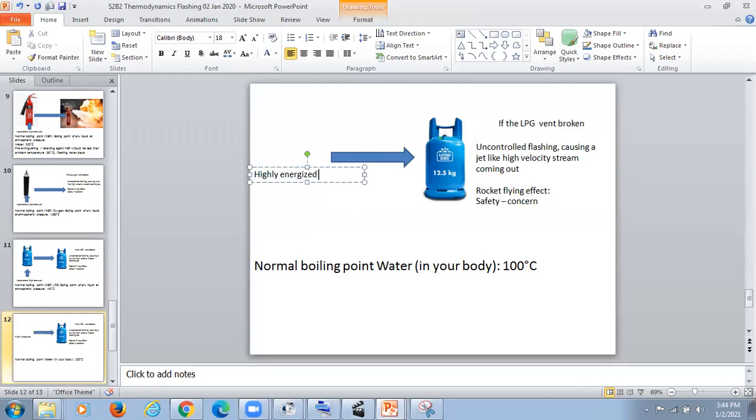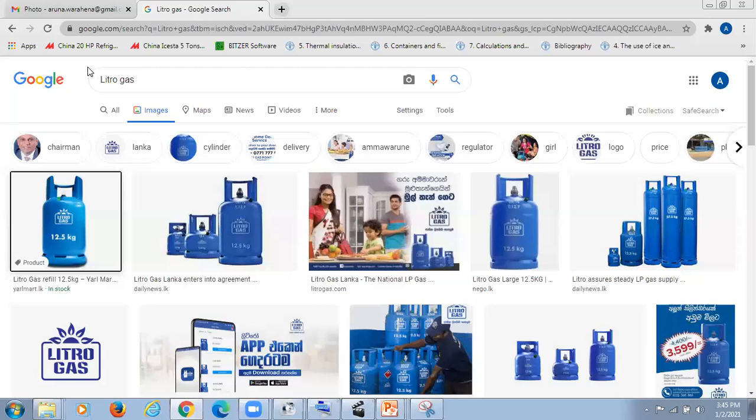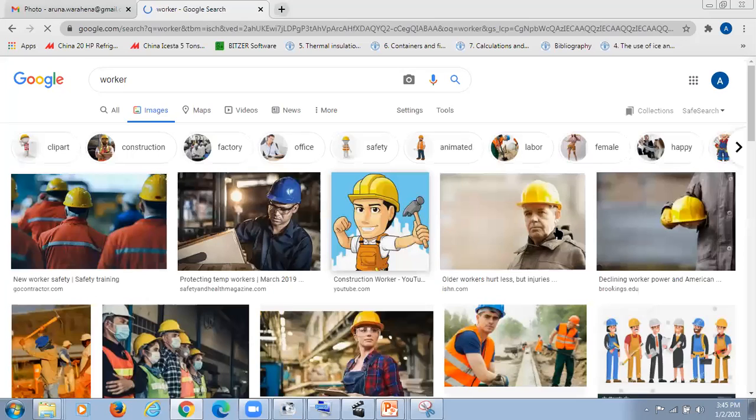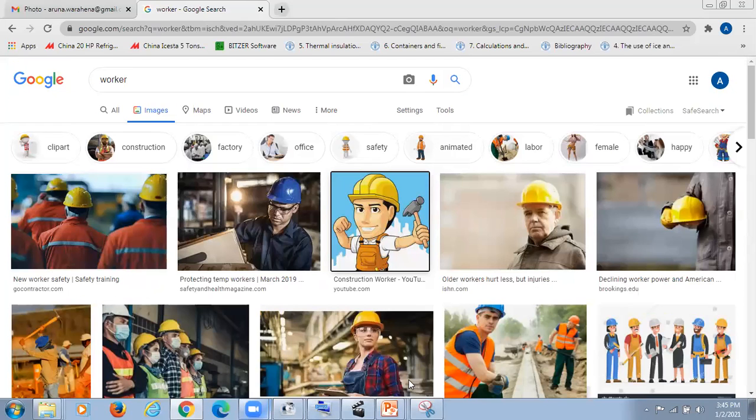This is the word we need. Steam, highly thermally energized steam. So this will be complete then.